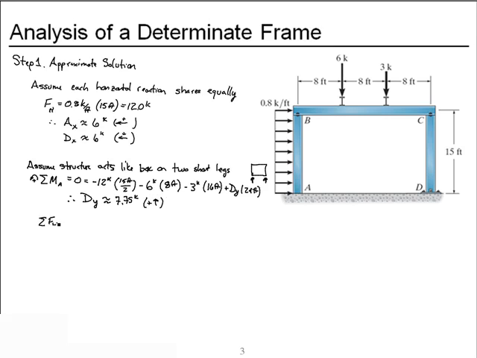And we'll sum forces in the y. Ay minus the 6 kips minus the 3 kips plus the 7 3/4 kips. Ay is approximately 1.25 kips up. Now these are very crude assumptions.